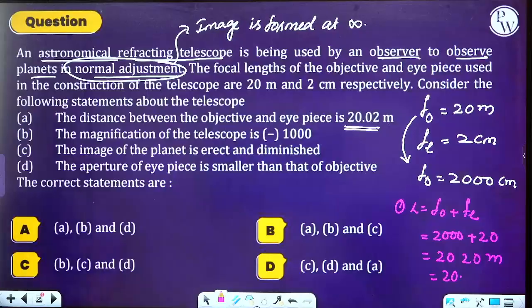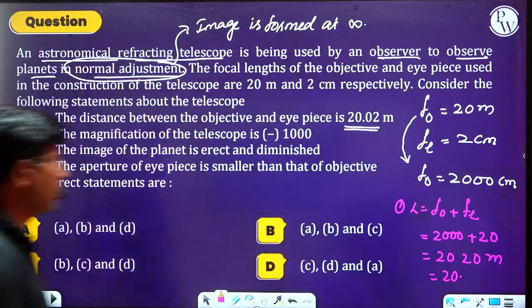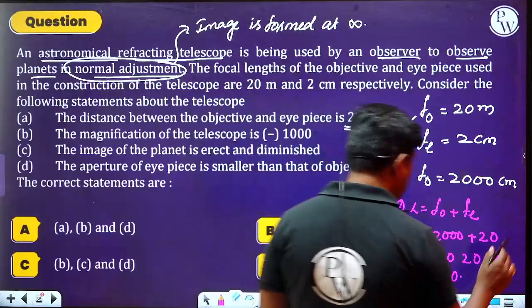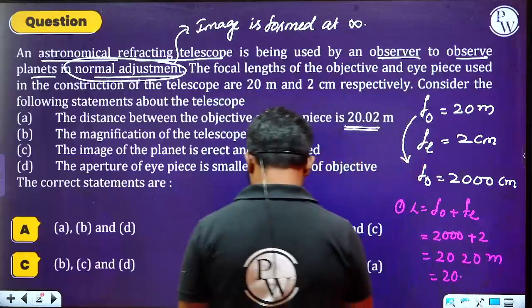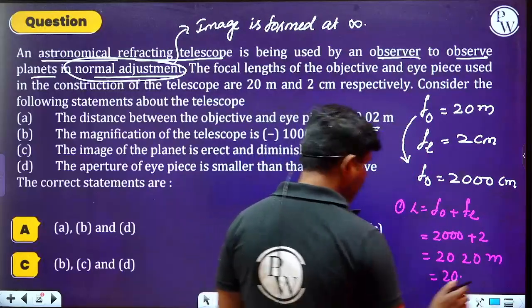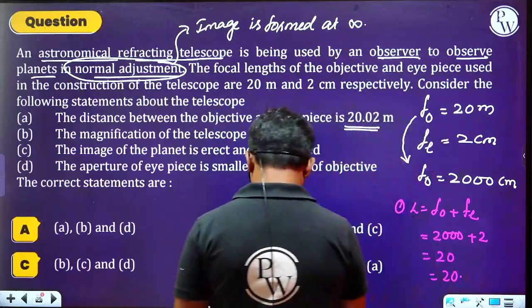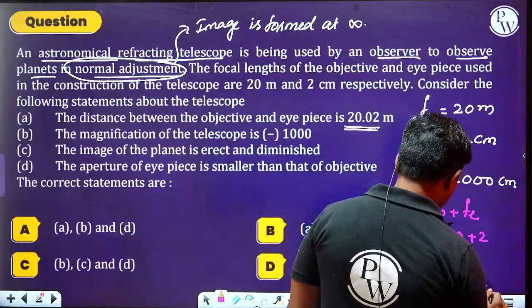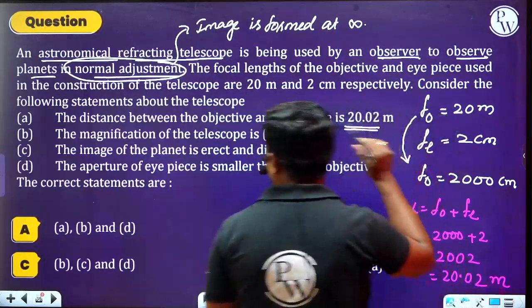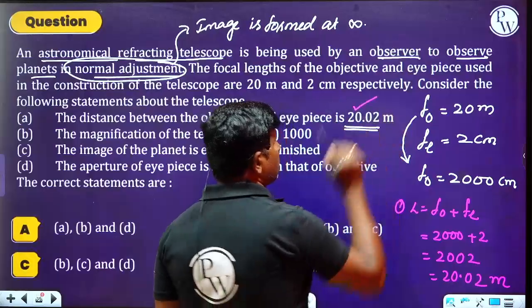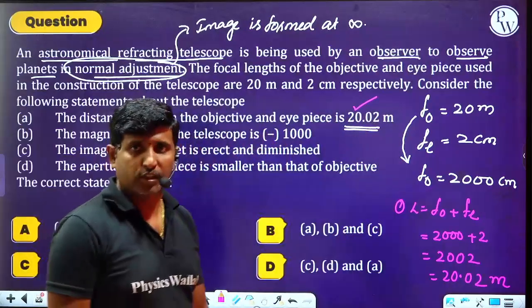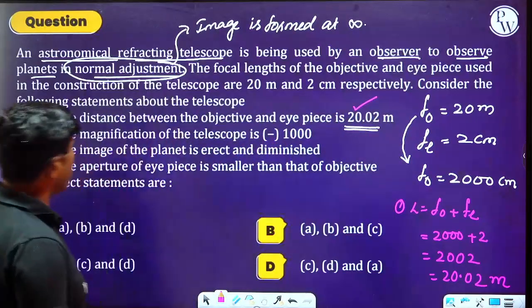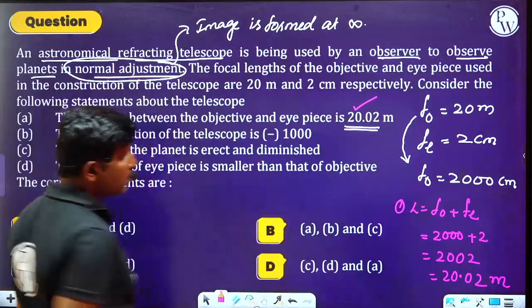So that statement A is correct. The magnification of the telescope is minus 1000, they have given.